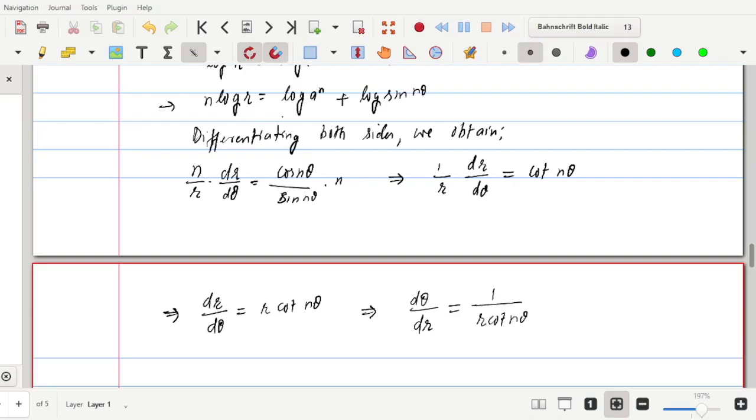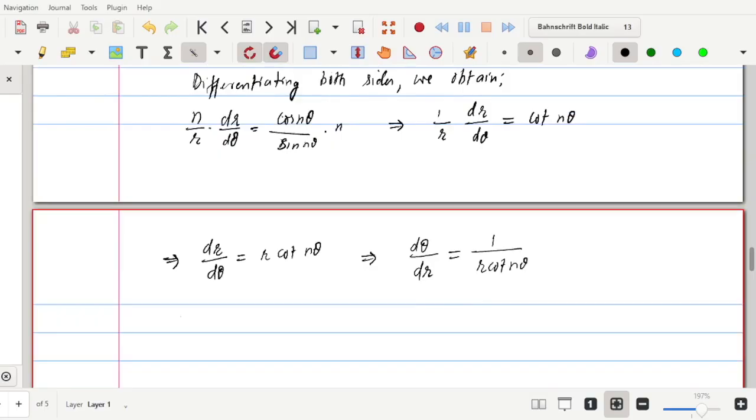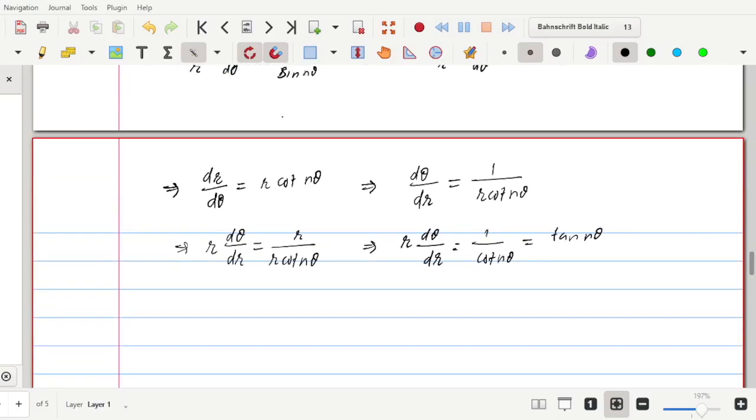So hence we can find the value of r d theta by dr. So r d theta by dr is equal to r divided by r cot n theta. So this finally implies r d theta by dr is equal to 1 by cot n theta, which we know is equal to tan n theta. So hence we have obtained the value of r d theta by dr.